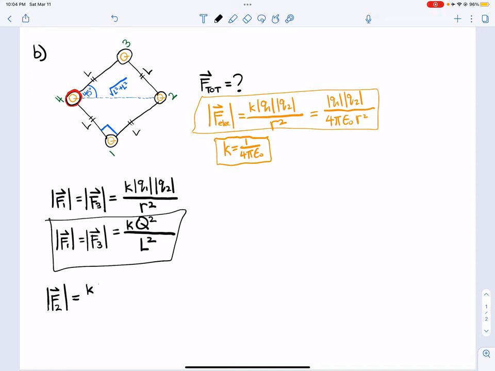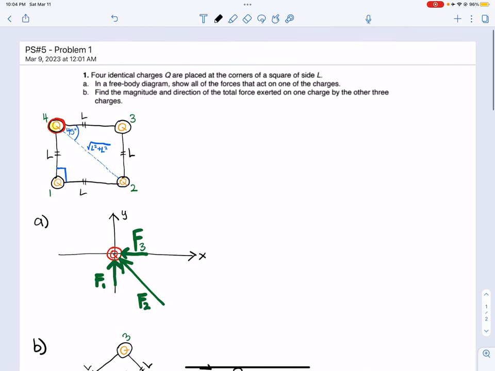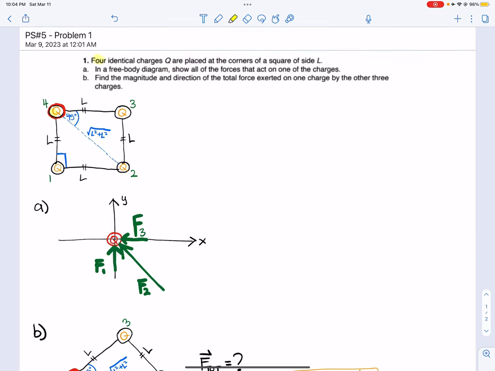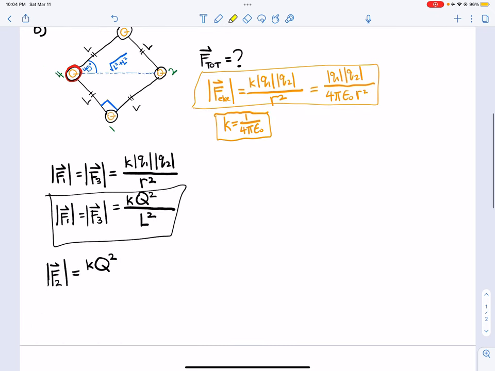They're still just both big Q's, right? Because, again, in the problem, we have 4 identical charges of capital Q. So everything in this problem is just Q1 is capital Q and Q2 is also capital Q. Therefore, we have capital Q squared, okay?